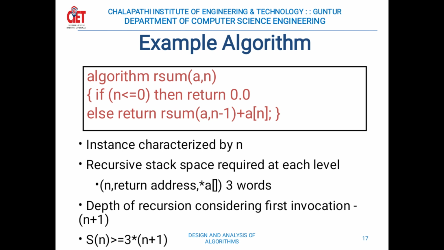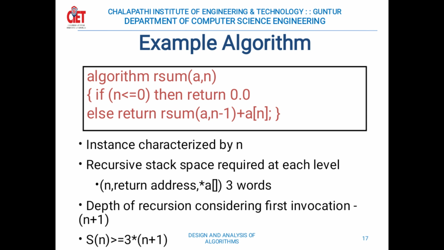It is the instance characteristic. Here it depends upon the value of n. So in each recursive procedure call, it needs to store the values of the array starting address, n, and the stack return address. So it requires 3 words.